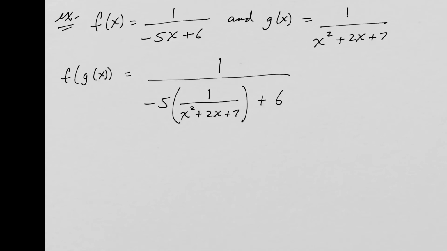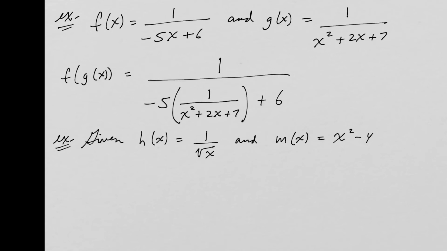Okay, I promised I would do one question on domain, so let's talk a little bit about that. Let's say h of x is 1 over square root of x, and m of x is x squared minus 4.